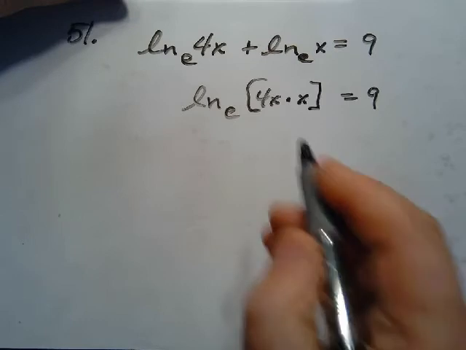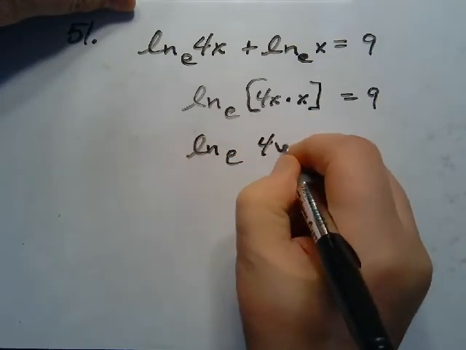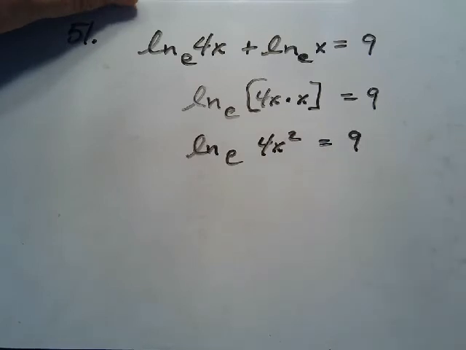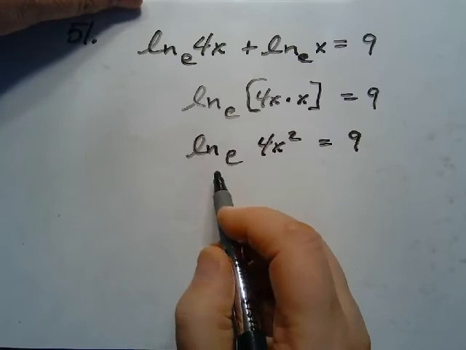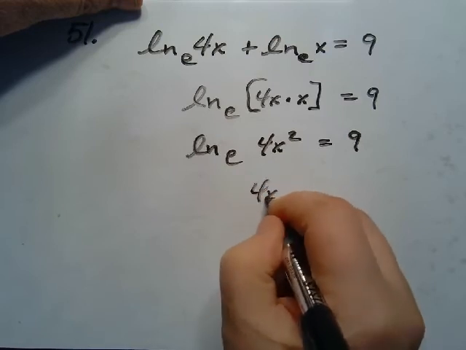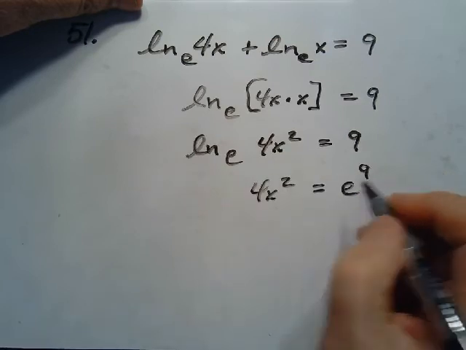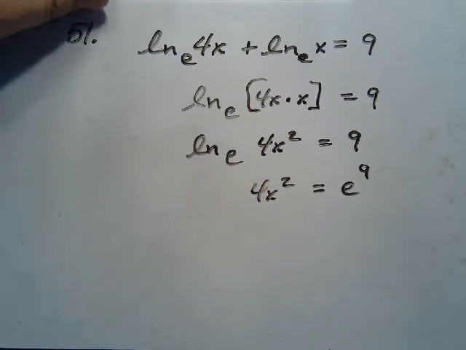Again, if we find ourselves adding two logs or two exponents, the request must have been to multiply. So let's go ahead and finish solving this. This is the natural log base e of 4x squared equals 9. Now because there's a single log on this side, I can go ahead and drag down the result, throw the base to the other side, and again having that e there reminds me that I can put the base over there.